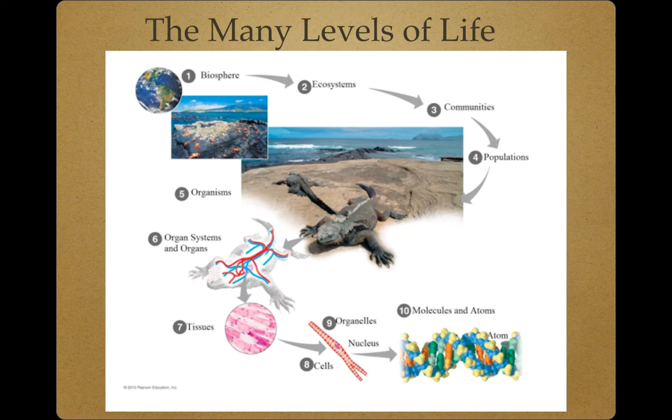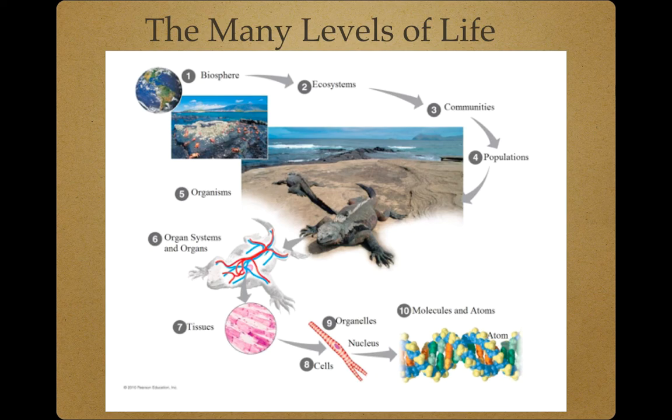This slide depicts the many levels of life, and taking a look from the macro to micro perspective, we can start from the biosphere. Biosphere is made up of ecosystems. It also represents the zones of life on Earth, which also includes land, water, and atmosphere. Ecosystem, on the other hand, is made up of communities, and communities are made up of population.